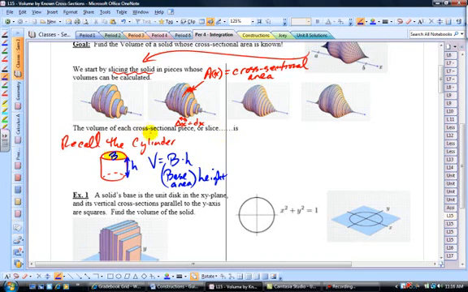So the slice volume is equal to your cross-sectional area, which I call A of x in general, where A stands for area, times how thick it is, which I call delta x, because delta x is just x2 minus x1, a distance between two x values. So it's cross-sectional area times thickness. This is the thickness right here, and this is your cross-section.